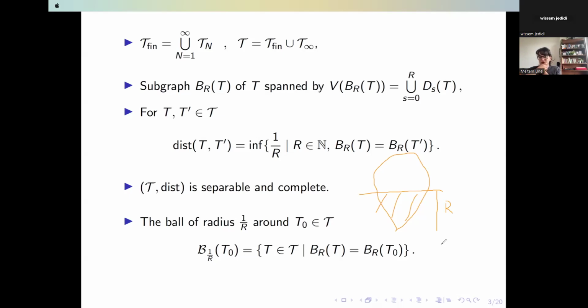Then I can define the balls of radius 1 over r around a tree in this space curly T. If I take a tree T0, the ball around this tree of radius 1 over r contains all the trees that agree with T0 up until height r.